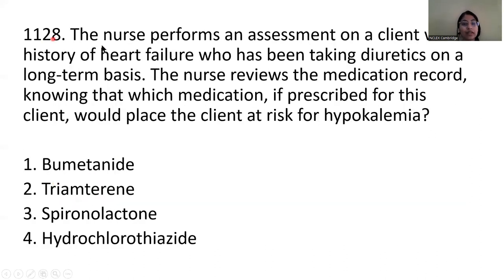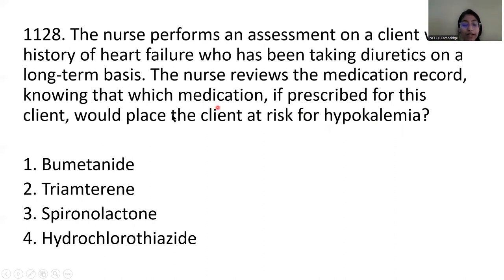Now next question. The nurse performs an assessment on a client with a history of heart failure who has been taking diuretics on a long-term basis. Okay. The nurse reviews the medication record knowing that which medication, if prescribed for this client, would place the client at risk of hypokalemia. Okay. So the patient was on a diuretic long term. Okay. So now we have to check what could be the risk of hypokalemia.